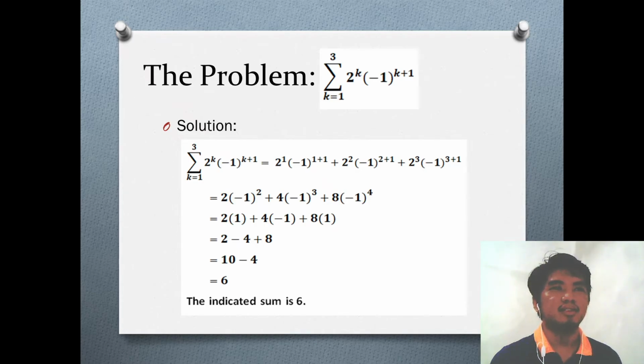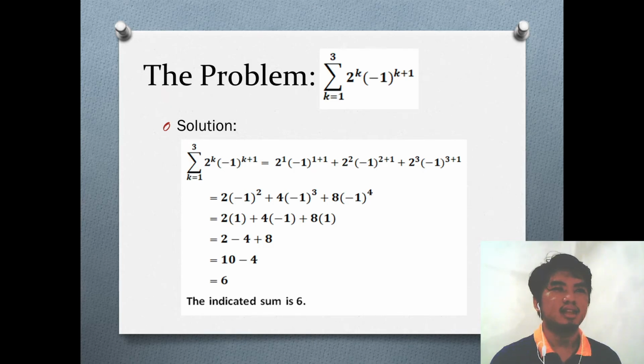So first, the power which has the exponent. So negative 1 to the power of 2 is 1, negative 1 to the power of 3 is negative 1, and negative 1 to the power of 4 is positive 1.